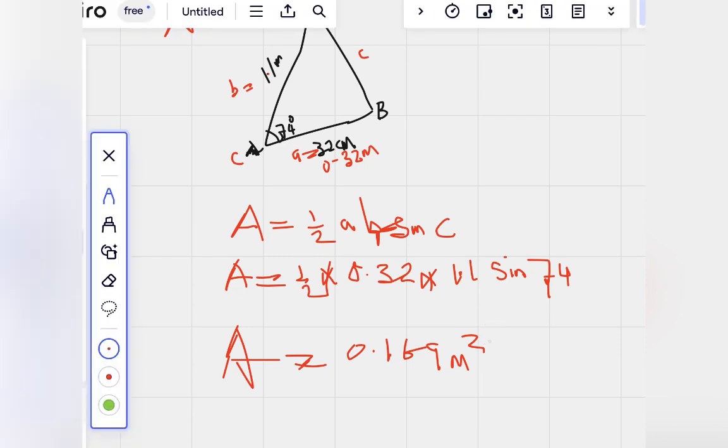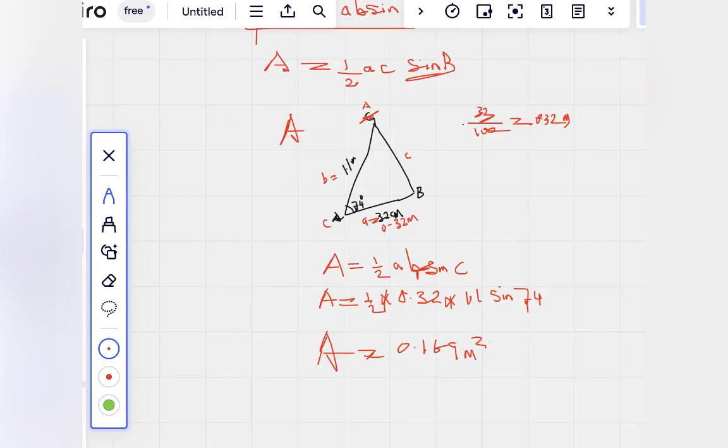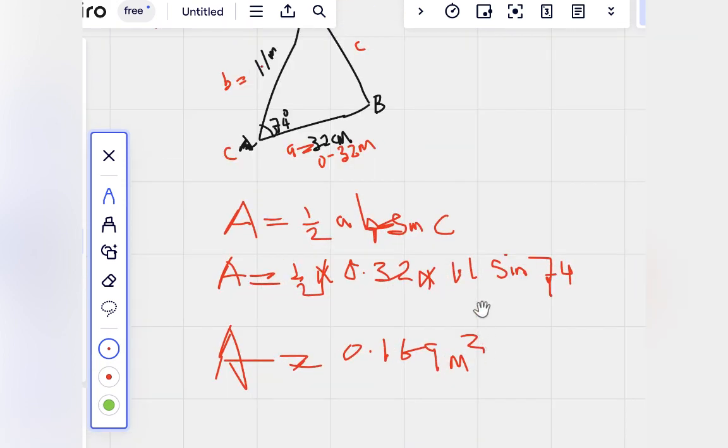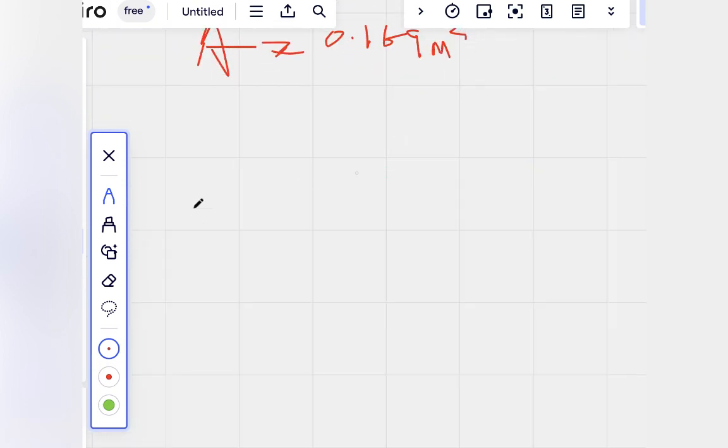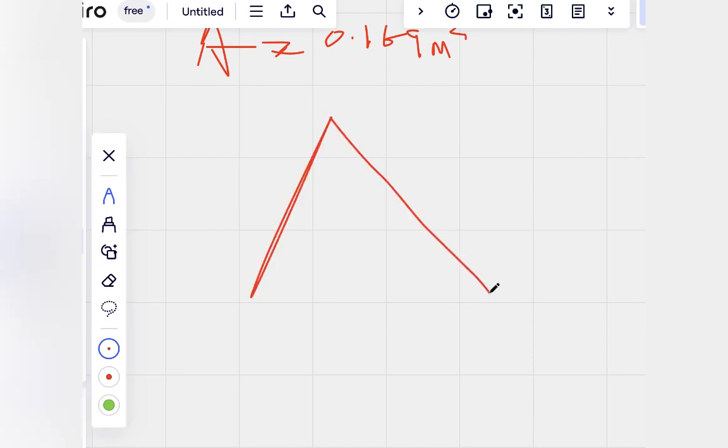For example, let's say you have this triangle. You know this side to be 12 and this side to be 11, and the angle between them, let's say, is 34. You are asked to find the third side.